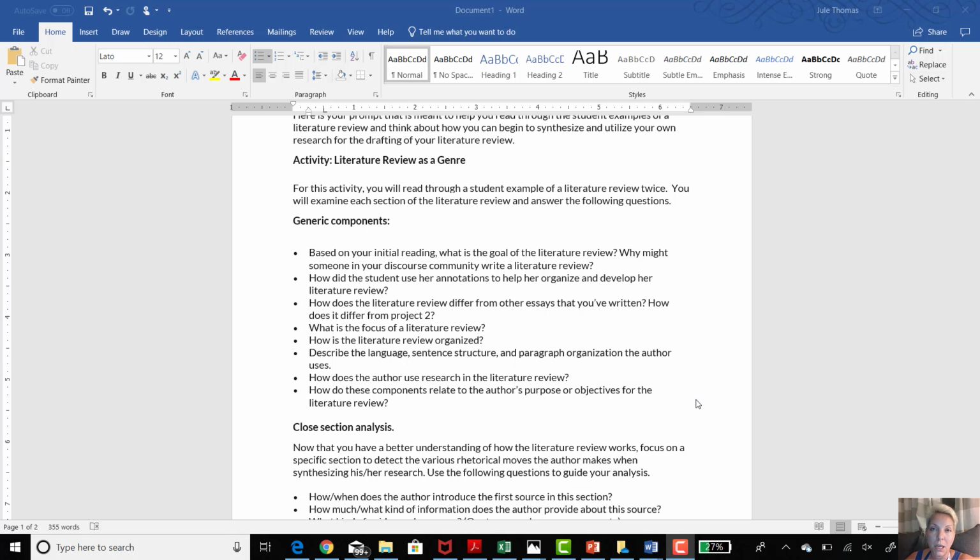They don't have to be full sentences or paragraphs, but I do want to see that you've read through the 2 student examples of literature posted under the module week 8, and looked at what students are doing, what they are doing well, and what they are missing. Because as always, I provide you with examples where students are doing some pretty good things, but there's also some stuff that maybe they still need to work on.